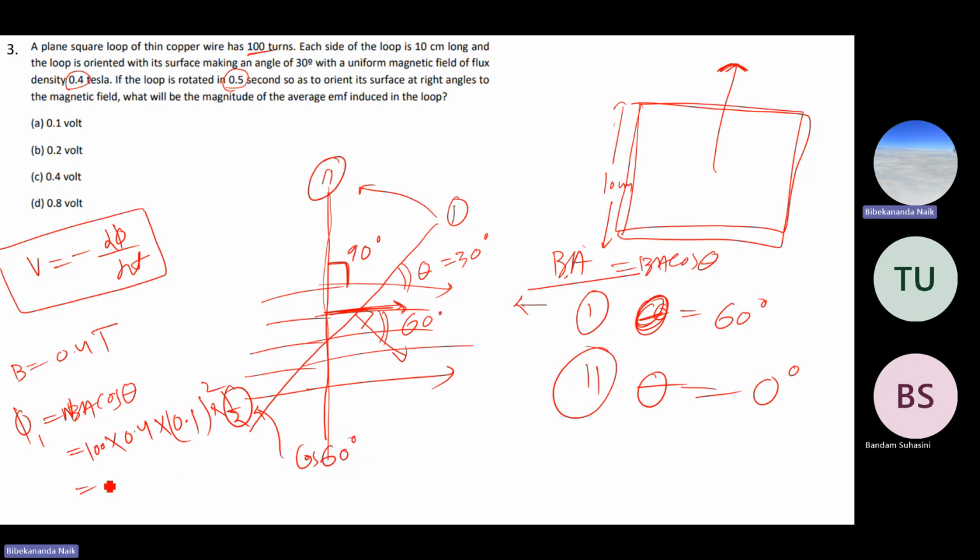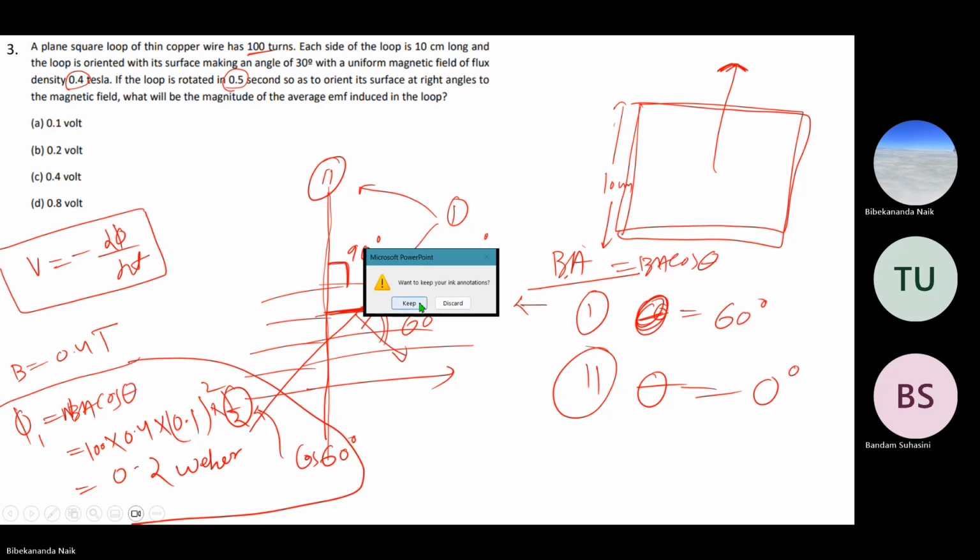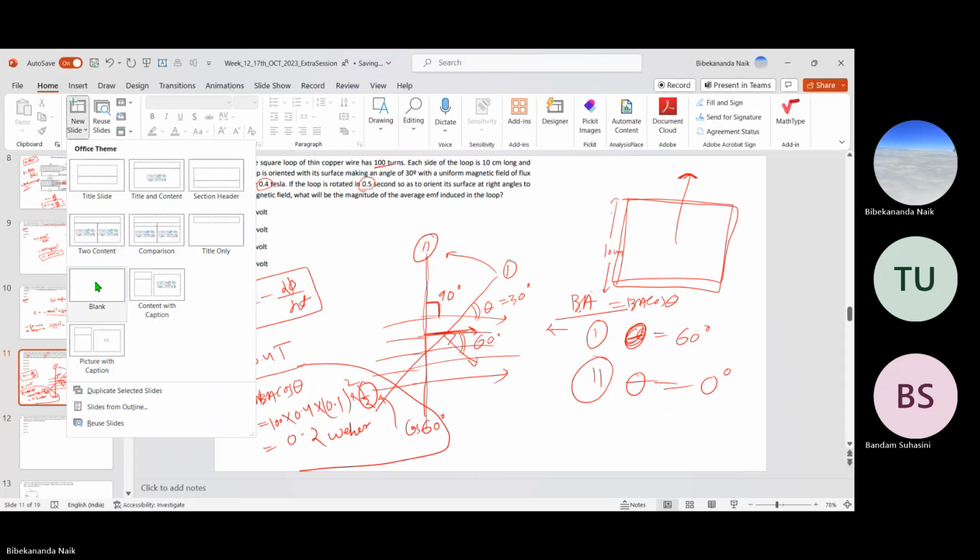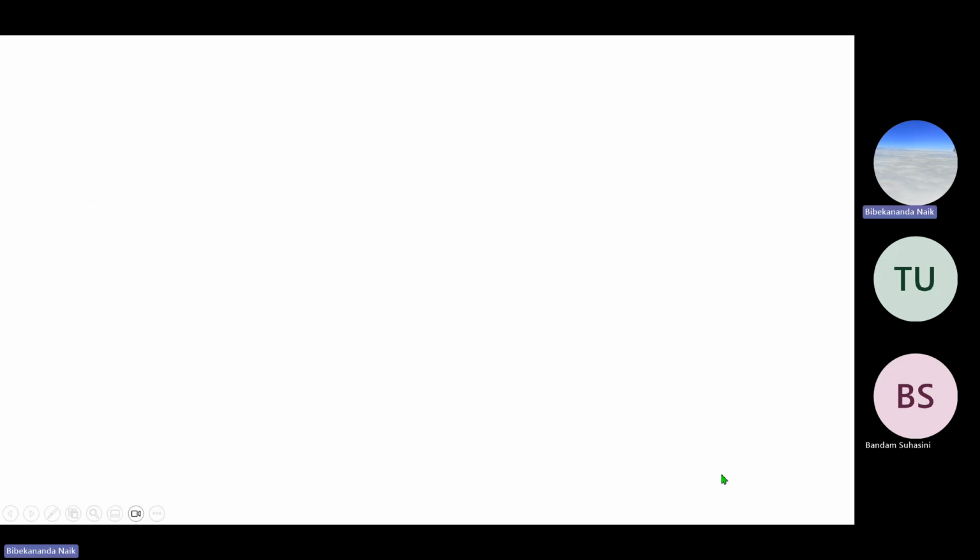So if you calculate, it will be 100 into 0.4 into 0.01 by 2, so it will be 0.2 Weber. So the first case phi 1 is 0.2 Weber.